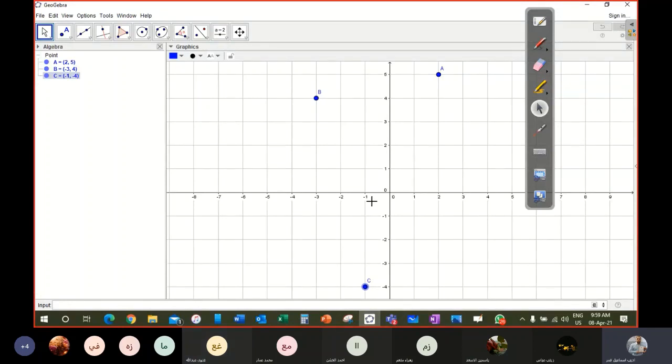To plot this point C, we go to the abscissa minus 1. We take a vertical line parallel to the y-axis till it reaches minus 4 on the y-axis, and we plot the point C. So the coordinates of C are minus 1 and minus 4. The abscissa of C is minus 1. The ordinate of C is minus 4. This is how we plot a point on the system of axes.